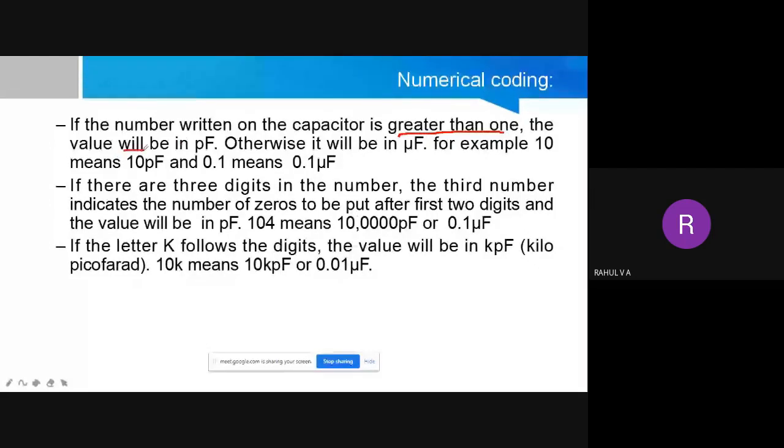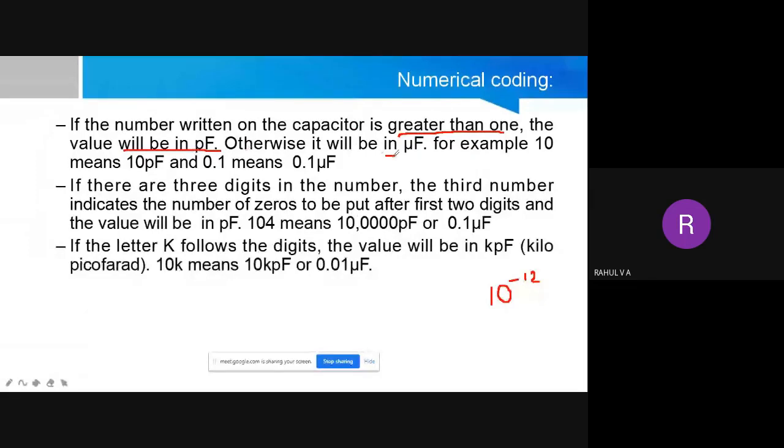Pico means how much? 10 raised to minus 12. Milli means 10 raised to minus 3, micro means 10 raised to minus 6, nano means 10 raised to minus 9, again pico means 10 raised to minus 12. So if that value is greater than 1, its value will be in picofarad, otherwise it will be in microfarad.